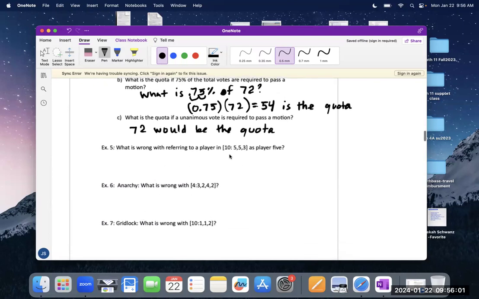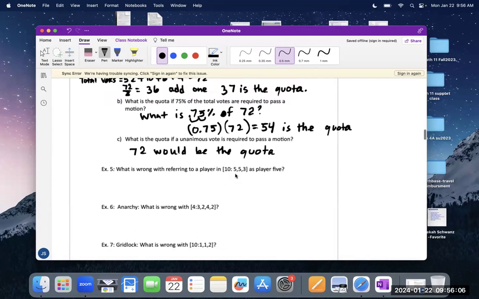What is wrong with referring to a player in this voting system, 10, 5, 5, 3, as player 5?